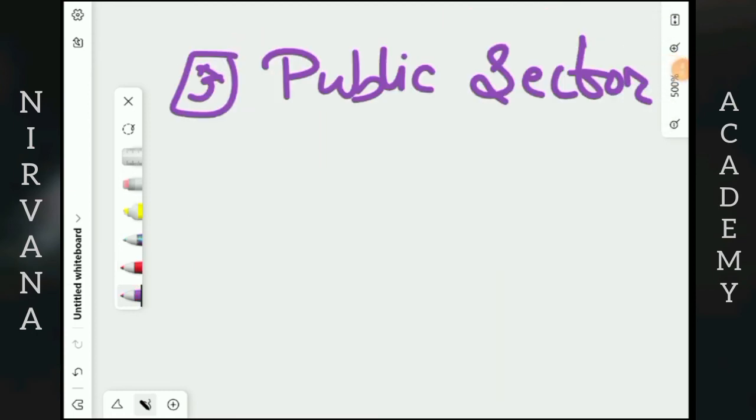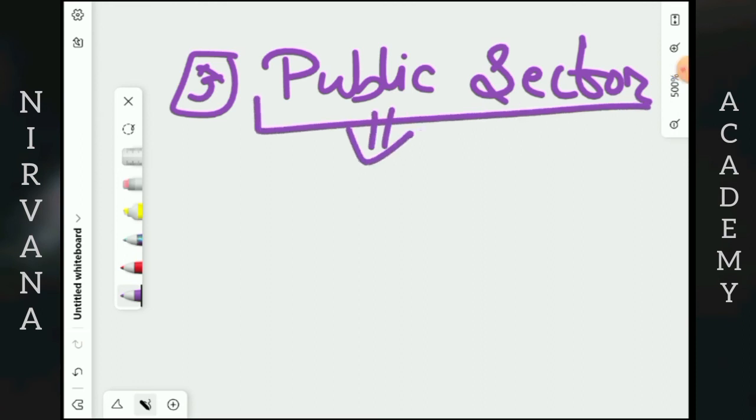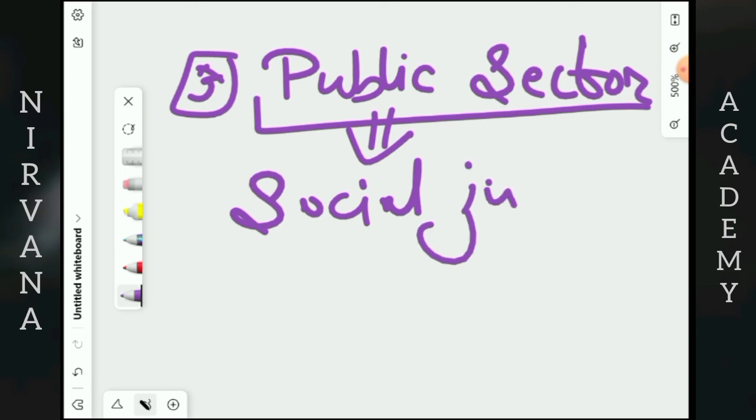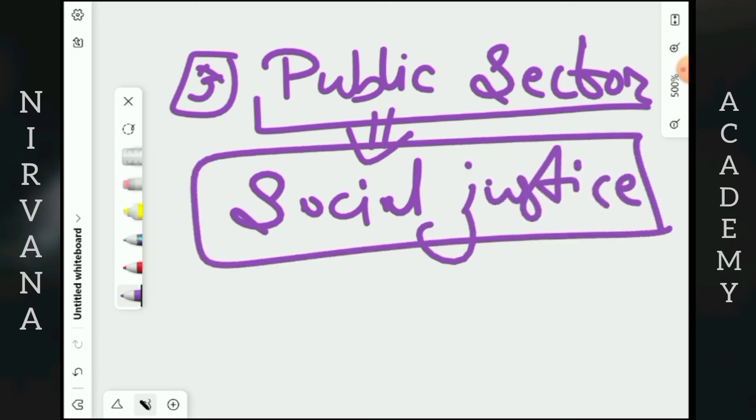The next measure taken by the government is establishment of the public sector, and the motive behind it is to ensure social justice, so that the benefit of development can be enjoyed by every section of society, and the development does not reach only the rich individuals.